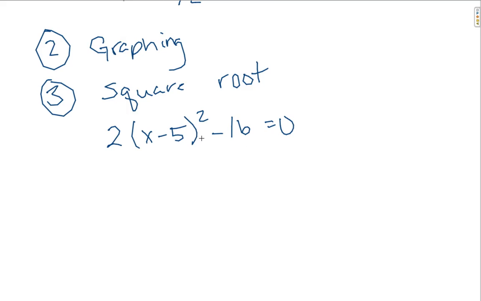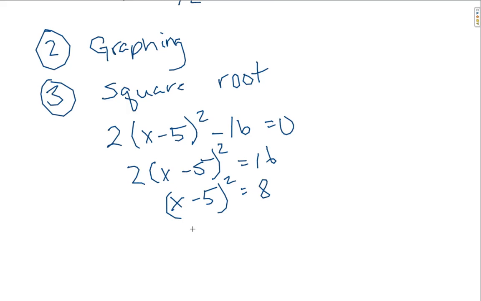I could multiply this all out, collect like terms and factor, or simply I could bring the 16 over, divide by 2, take the square root, x minus 5 equals the square root of 8, which is plus or minus, don't forget the plus or minus.